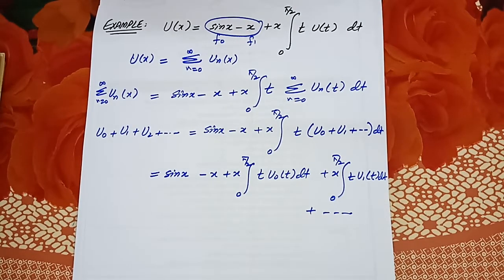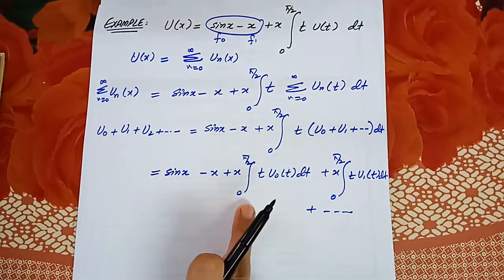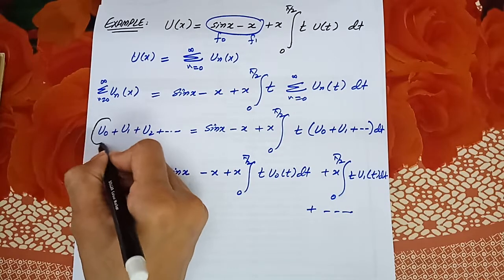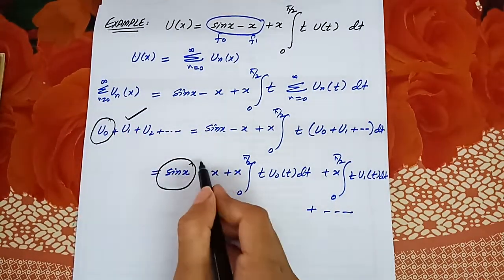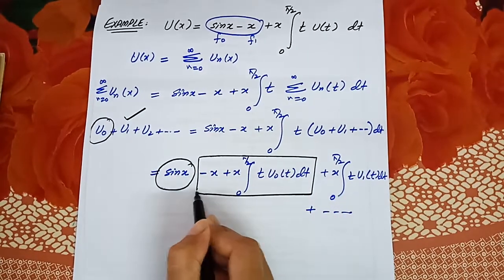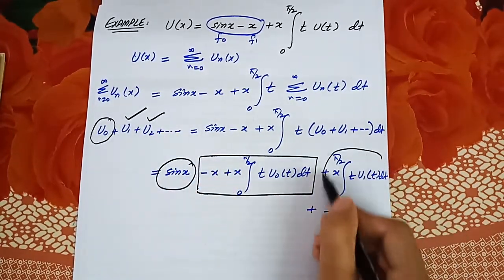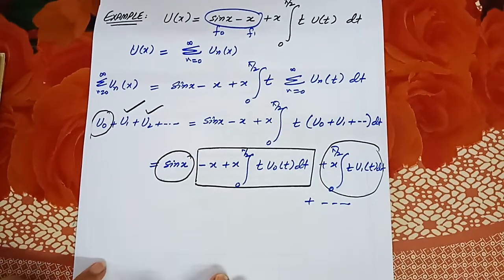Now we can compare our left hand side with the right hand side. Just compare the first term with the first term, the second term with the second term, and the third term with the third term, and so on.